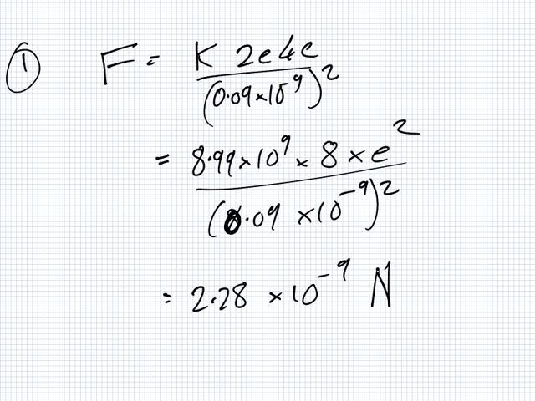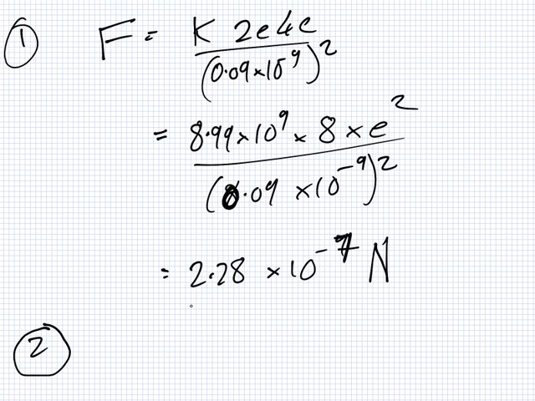Does anyone else have this answer? Yusuf, did you get this answer? No. To the minus 7, yeah. I just can't trust you anymore. You're destroying the trust between us. What is it? 2.28 times 10 to the minus 7. Yeah. I'm just 1 power behind. And this is why bridges collapse, you know?